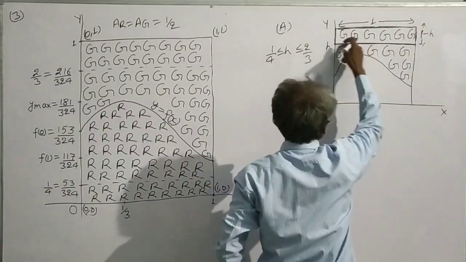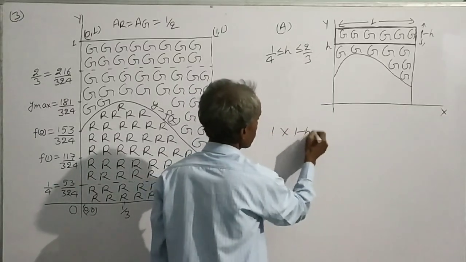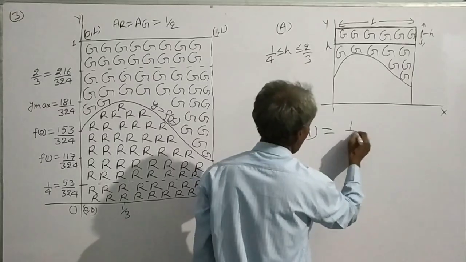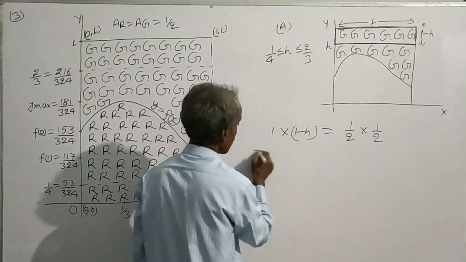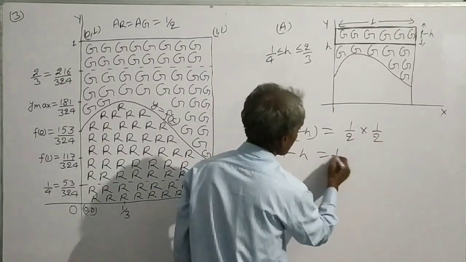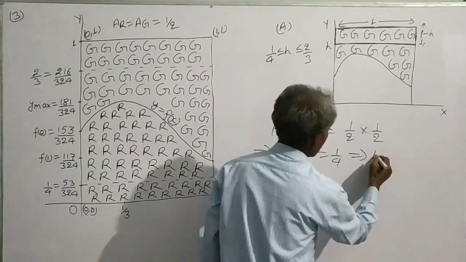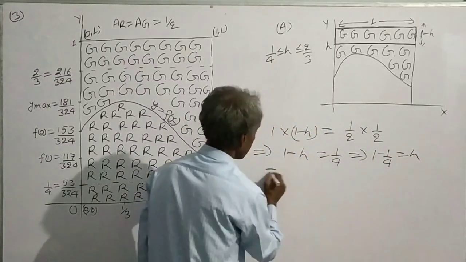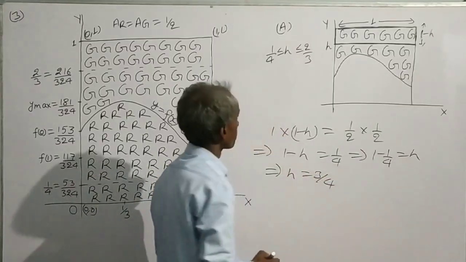Therefore, the area of this rectangle will be 1 times 1 minus h, and this should be equal to half of 1 by 2, that means 1 by 4. This implies 1 minus h is equal to 1 by 4. This implies 1 minus 1 by 4 will be equal to h, that means h will be equal to 3 by 4.